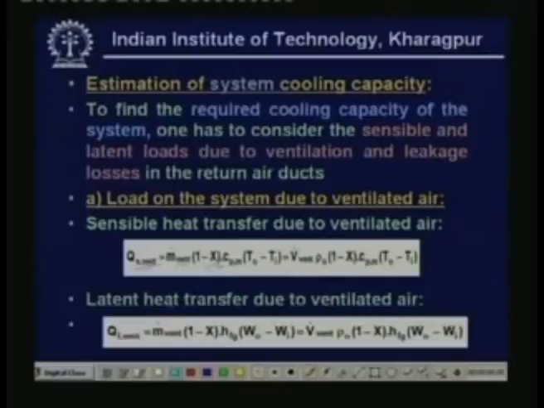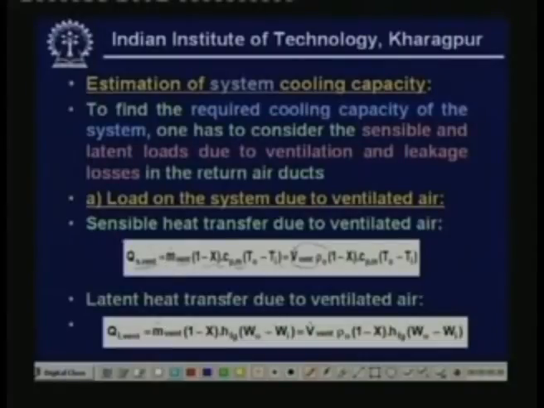So 1 minus x is the fraction of this air that has flown through the cooling coil, multiplied by the specific heat of the air, multiplied by the temperature difference, outdoor minus indoor temperature, and this can be written again in terms of the flow rate of ventilation air, that means in terms of meter cube per second. So this is the amount of sensible heat added to the coil because of the ventilation.